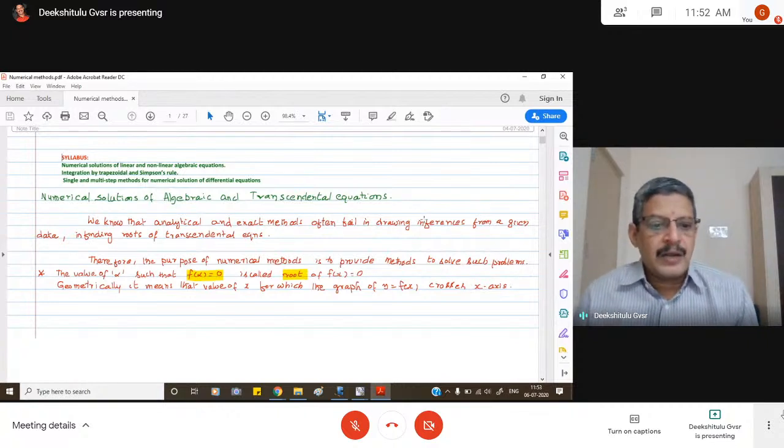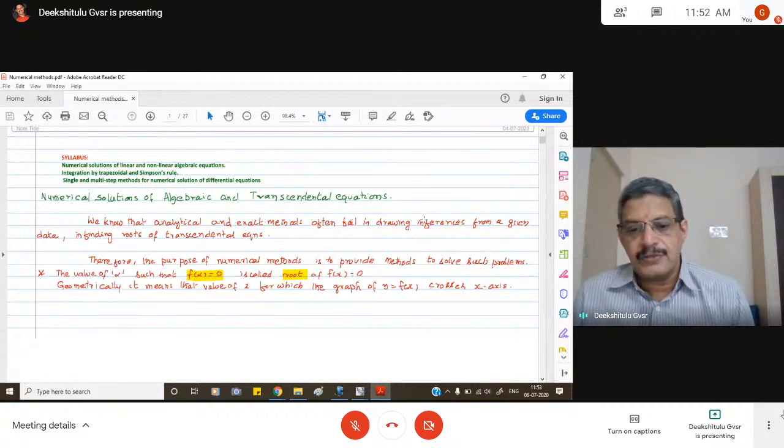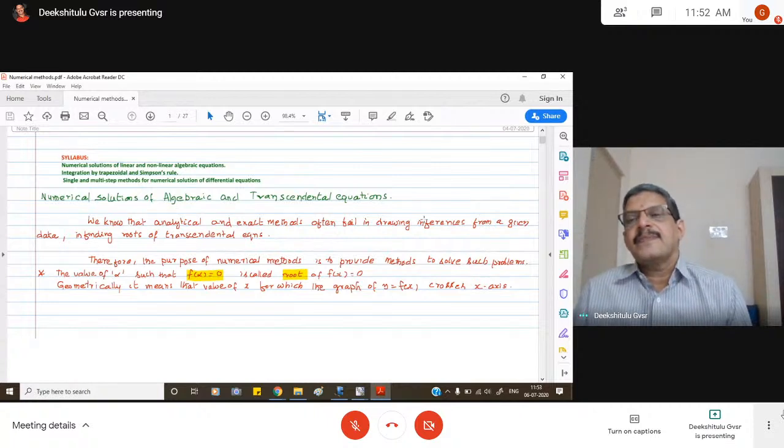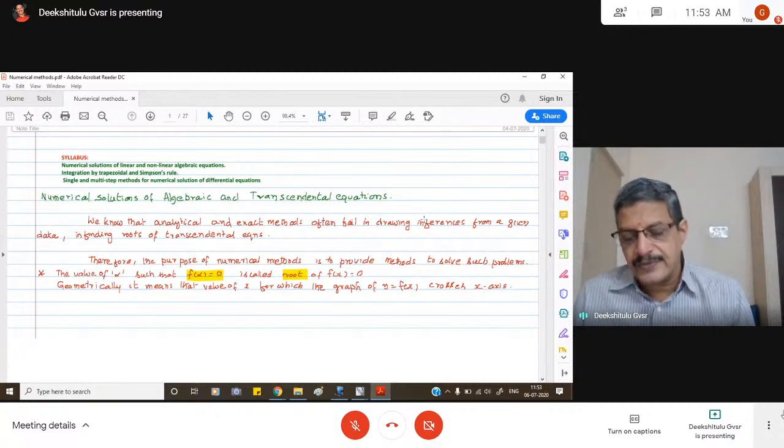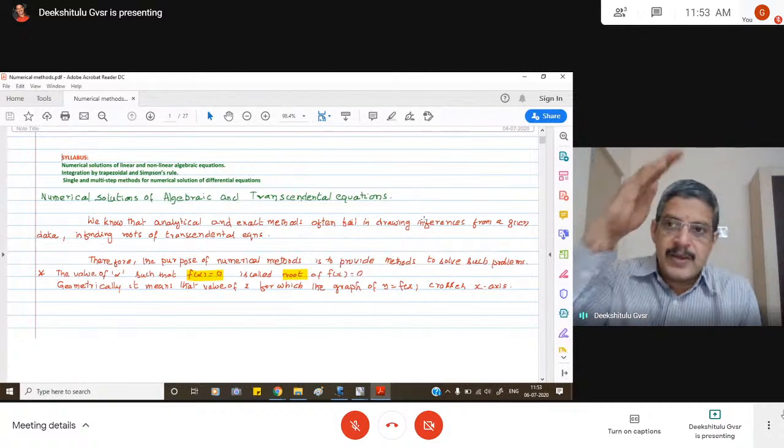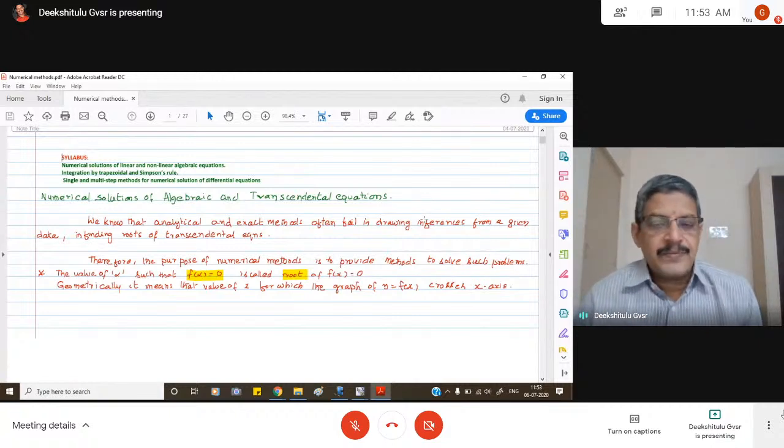The value of alpha such that f of alpha is equal to 0 is called a root of f of x is equal to 0. Geometrically, it means the value of x for which the graph y is equal to f of x crosses the x-axis. x is the independent variable. Let us say y is equal to f of x is the graph, and we are saying f of x is equal to 0. That means y is becoming 0. When y becomes 0, what does it mean?